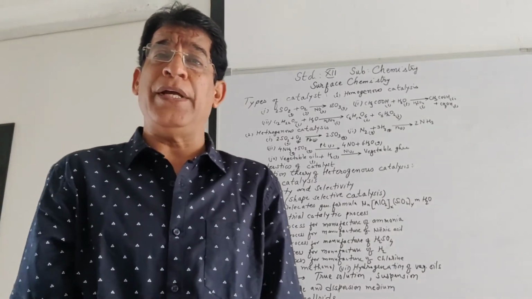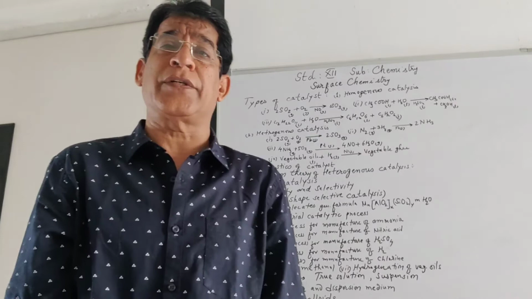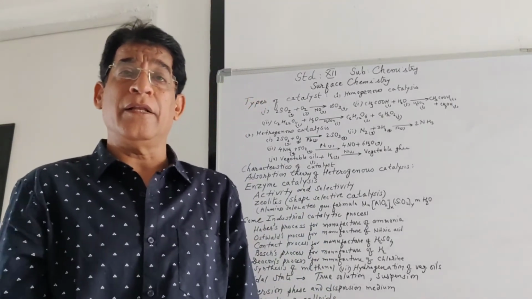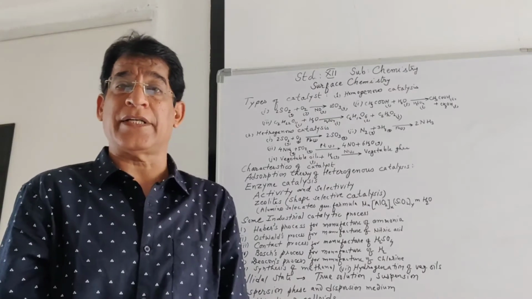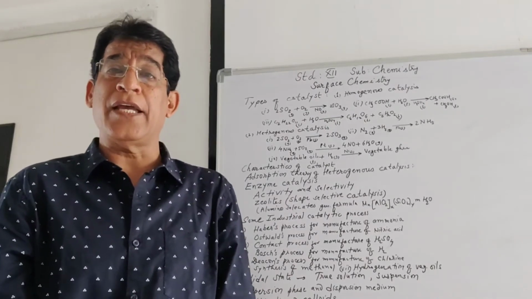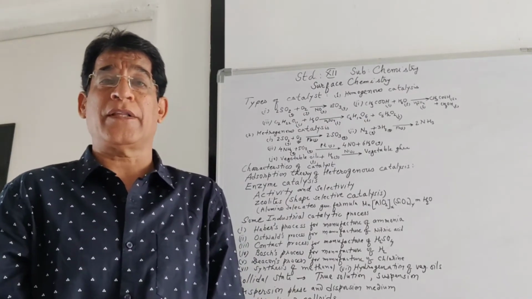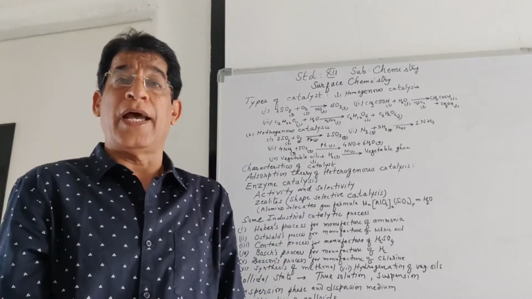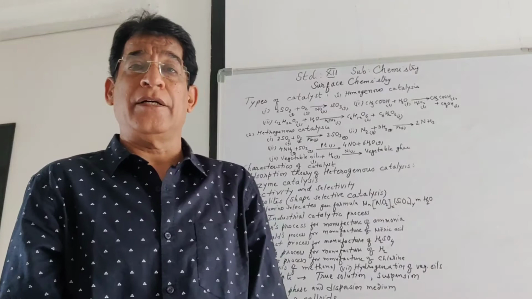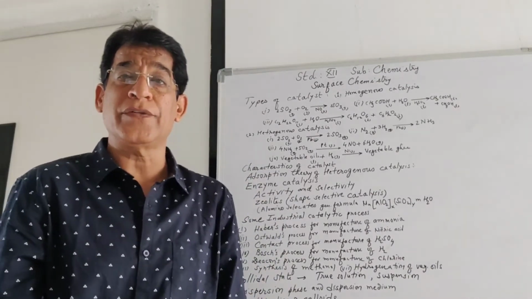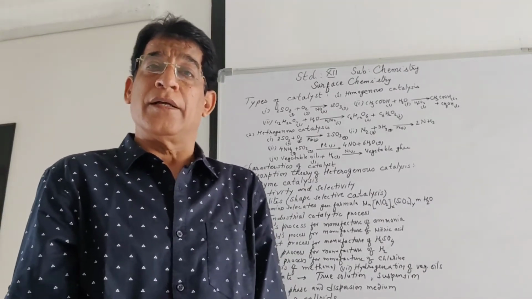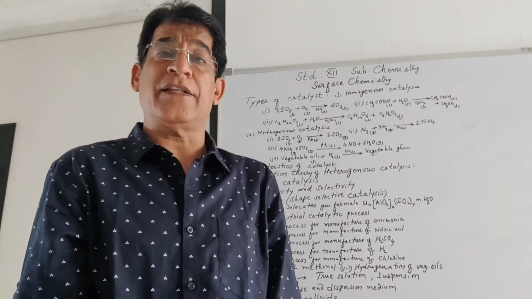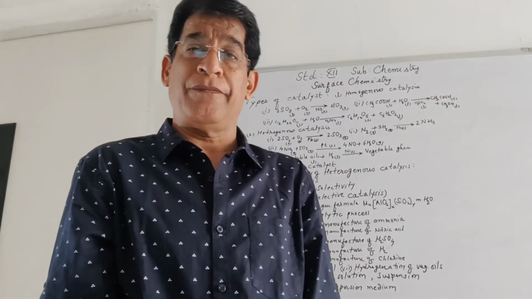Zeolites are very widely used as catalysts in petrochemical industries for cracking of hydrocarbons and isomerization. An important zeolite catalyst used in the petroleum industry is ZSM-5.